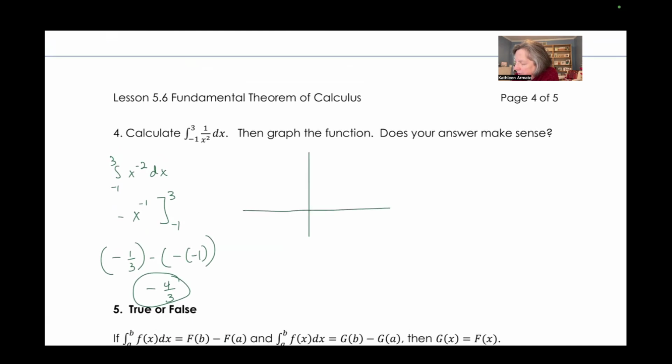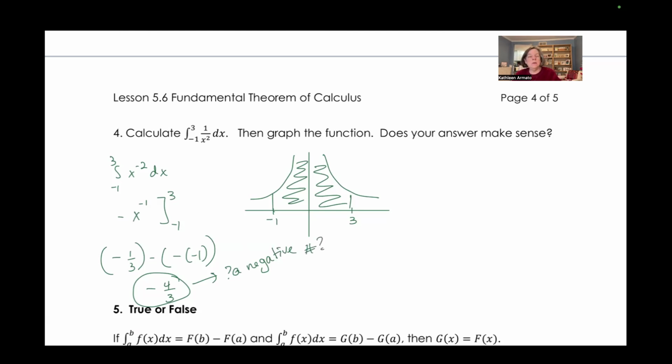Okay, let's think about the graph though. The graph of 1 over x squared looks like this. So it would be this area plus that area should equal the definite integral. Notice those areas are above the x-axis. Therefore, how did we get a negative number? Well, the thing is, your function cannot have an infinite discontinuity.